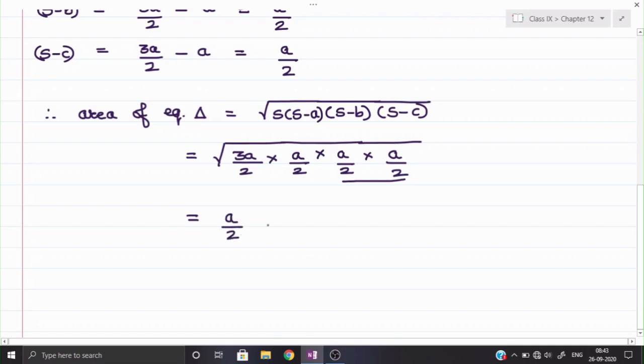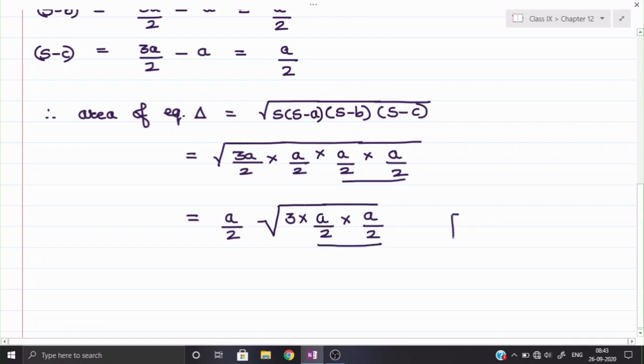Okay, now what is remaining here? Inside it is remaining 3a upon 2 and one a upon 2 will remain. So 3a upon 2 I am writing in this manner, 3 into a by 2, okay, and one a by 2 is remaining. So here you observe a by 2 and a by 2 again forming one more pair.